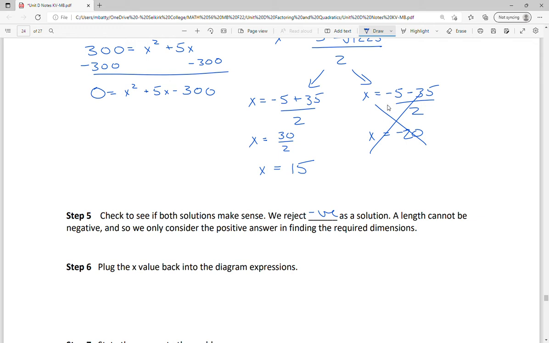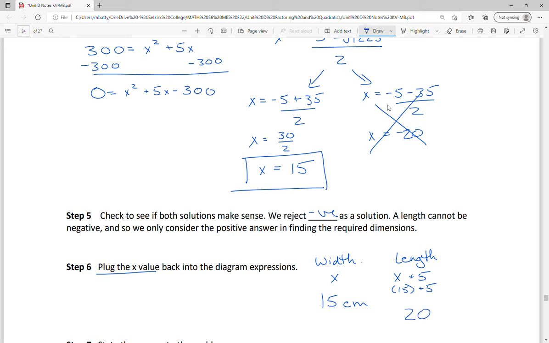We're going to plug these x values back into the diagram expressions. Remember I said that width was x and length was x plus 5. So I now know what x is equal to. Now I need to answer my question. So I know that width is going to be 15 centimeters and the length is going to be 15 plus 5, or 20 centimeters.